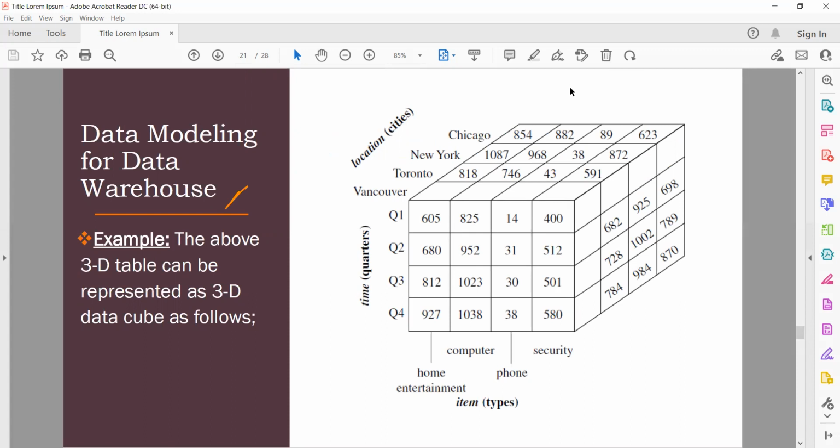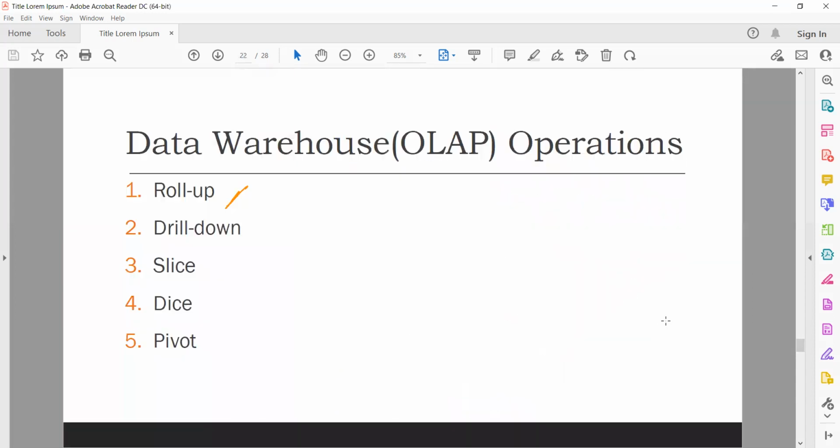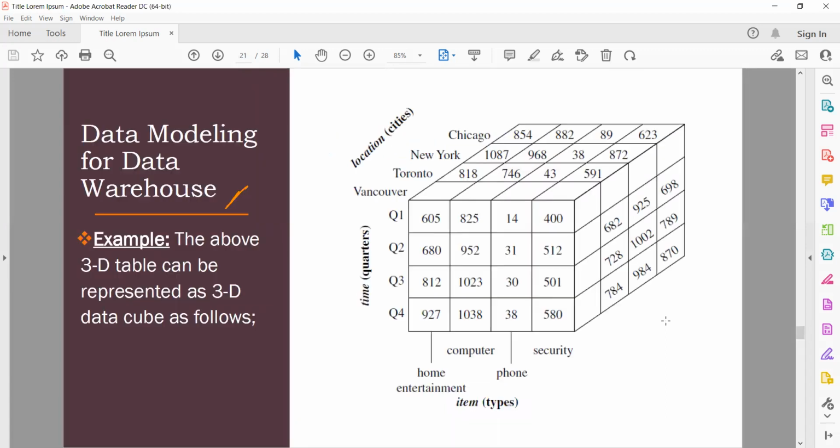One dimension for locations, one dimension indicates the time, and this dimension is for types of products. Roll up means we will minimize the cubes.